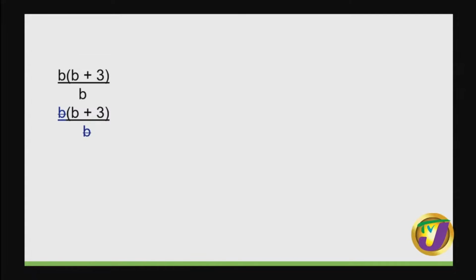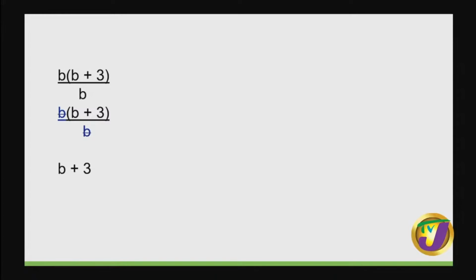So we're factoring from the numerator and the denominator now. b is common to both numerator and denominator. We can factor it out, leaving us with b plus 3. So b plus 3 is the simplified version of our original expression.